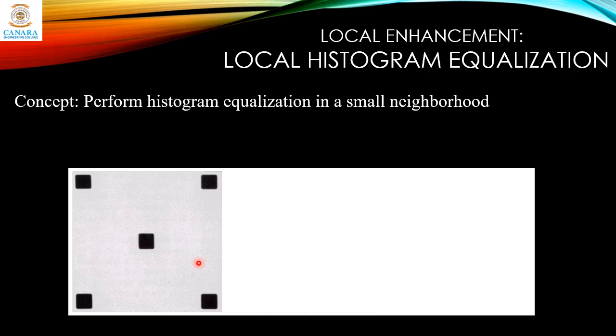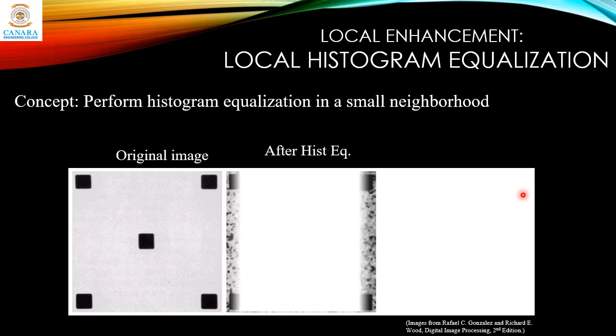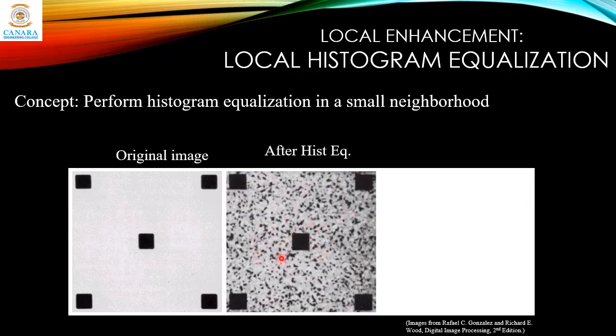Let us understand it by looking at this example. Here we have an image with 5 black squares, 4 at the corners and 1 in the middle. Now this is a fairly simple image to look at. It has a white and a black area. But if you equalize this image, what you get is something like this. You get this graininess or patchiness in the resultant image, which we don't want.